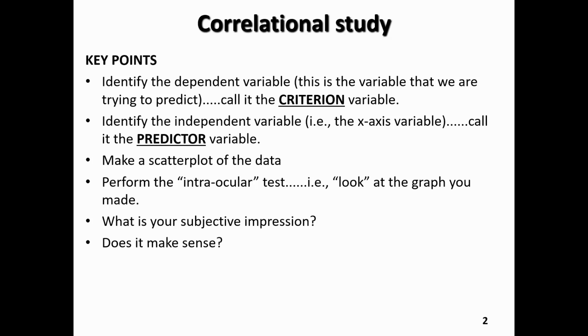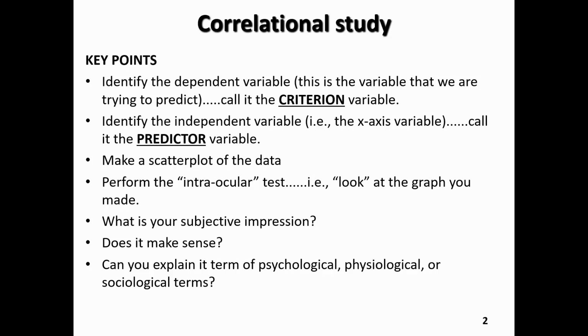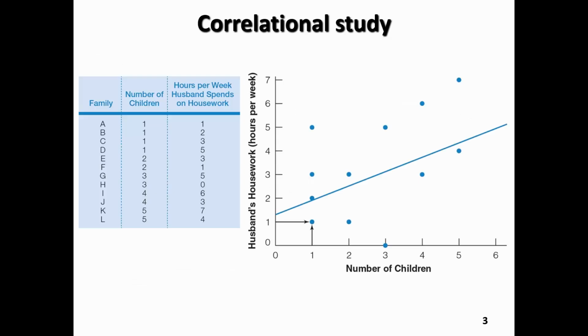The next question the researcher should ask is, does this graph make sense based upon the researcher's understanding of that research question? Can the researcher explain the outcome of that graph in psychological, physiological, sociological terms, whatever is driving the research question?